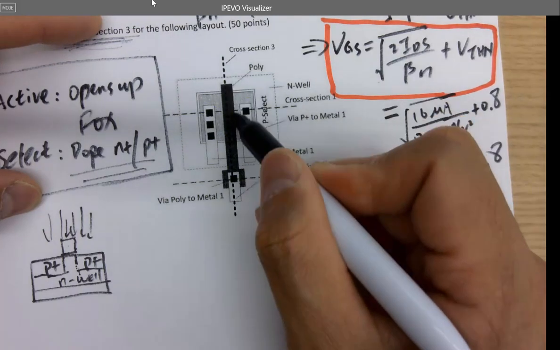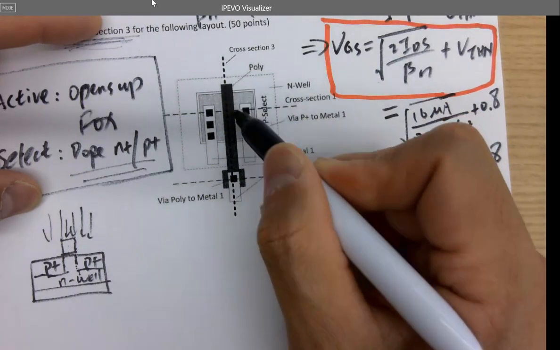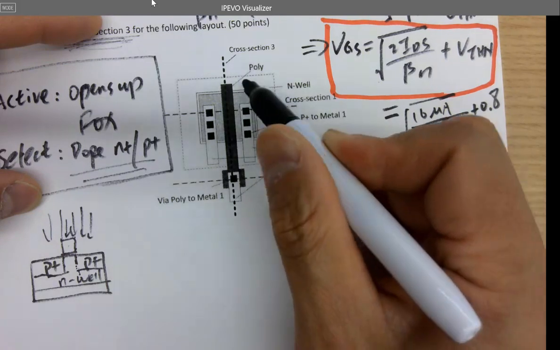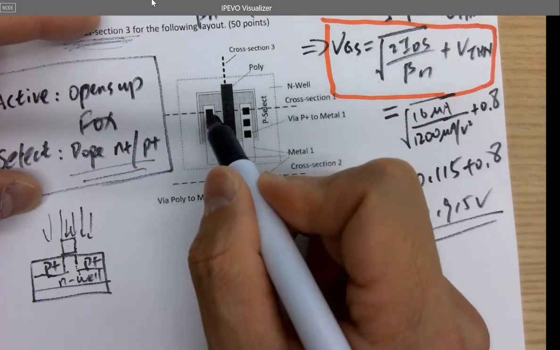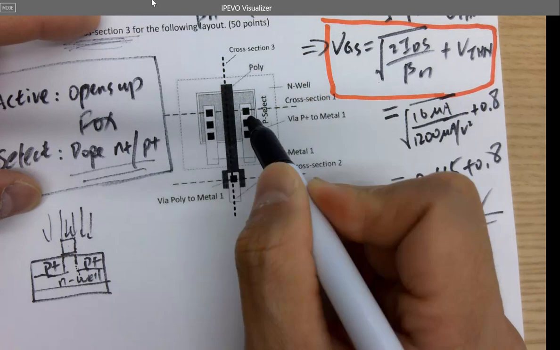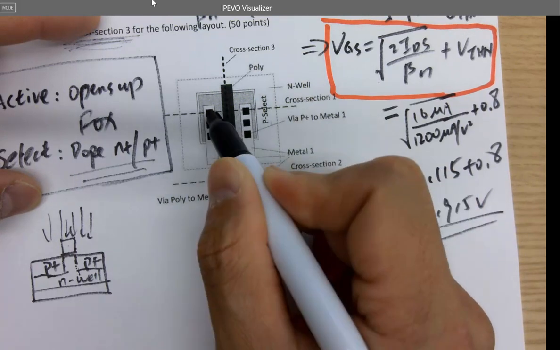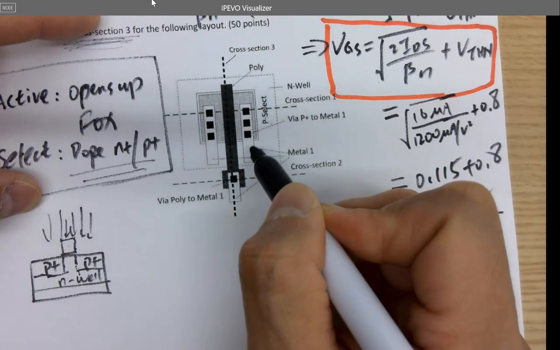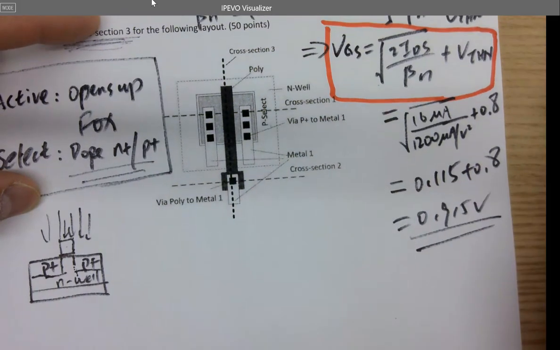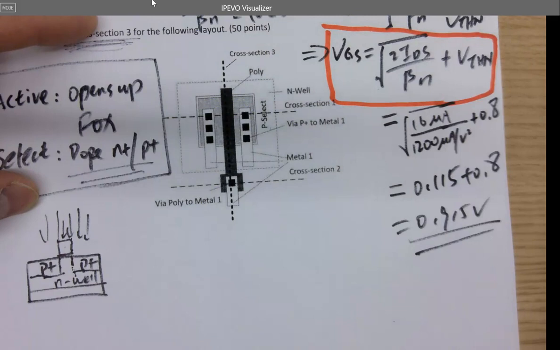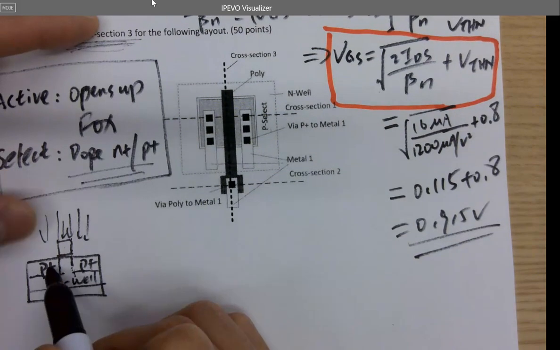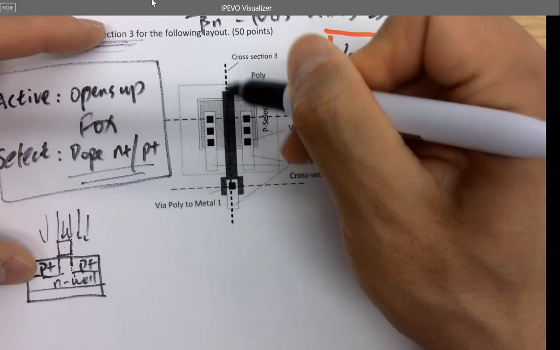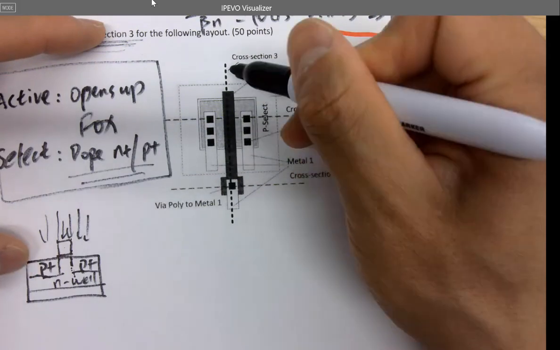What is this? P plus, another P plus, right? And on top of P plus, you have a few vias, right? So the vias will connect up to metal one, so you can connect the signal upward. This is from the bottom-up fabrication process. So we got a P plus for this line, okay? For this line, do you have P plus in here?